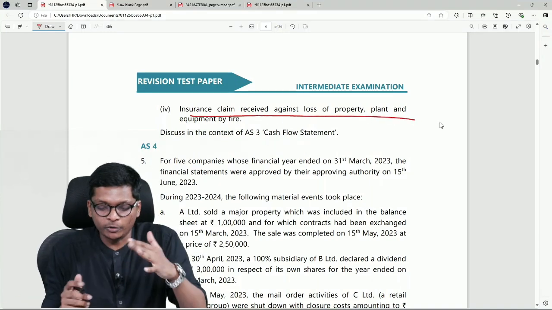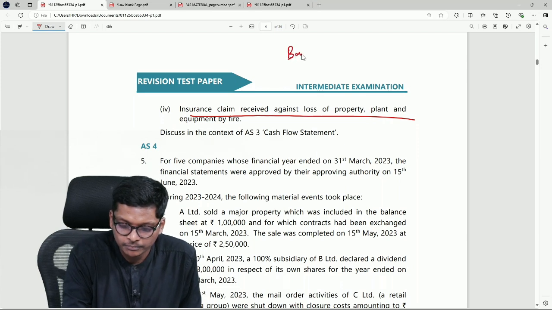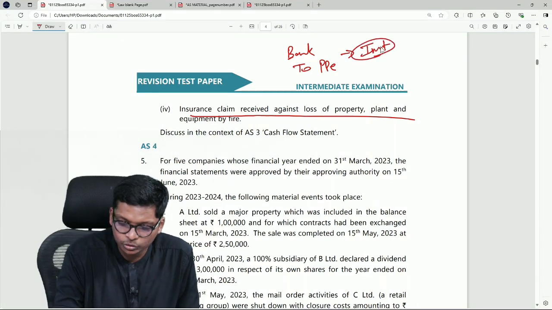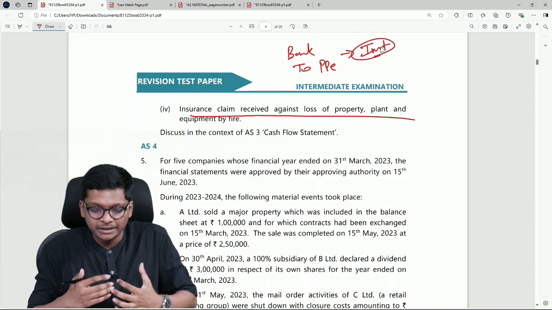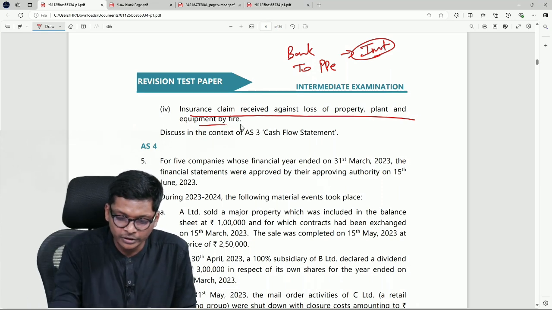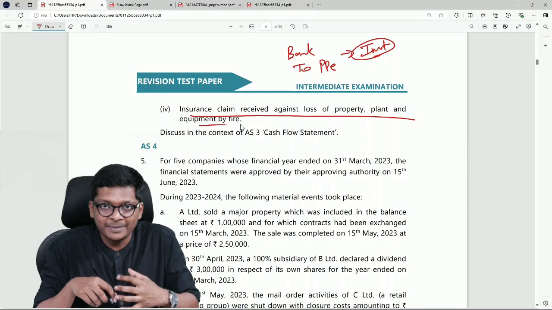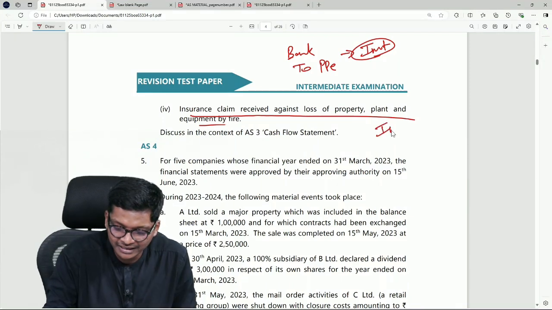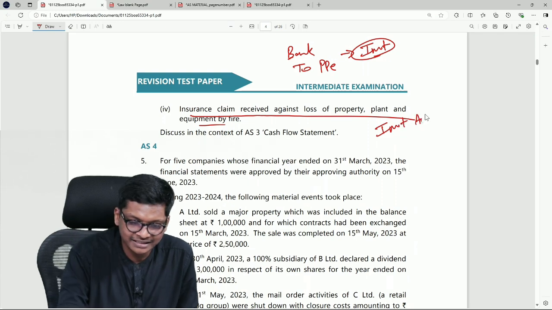If you sell property, what is the entry? Bank account debit to property, plant, equipment. This is like an investment sold and realizing money. Instead of me selling, property, plant and equipment got destroyed and the insurance company gave money. So we will again take this as an investing activity.